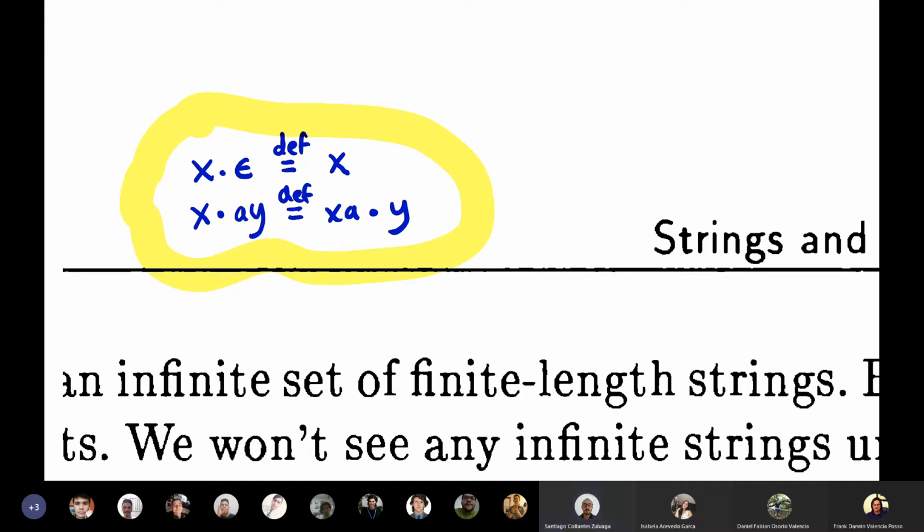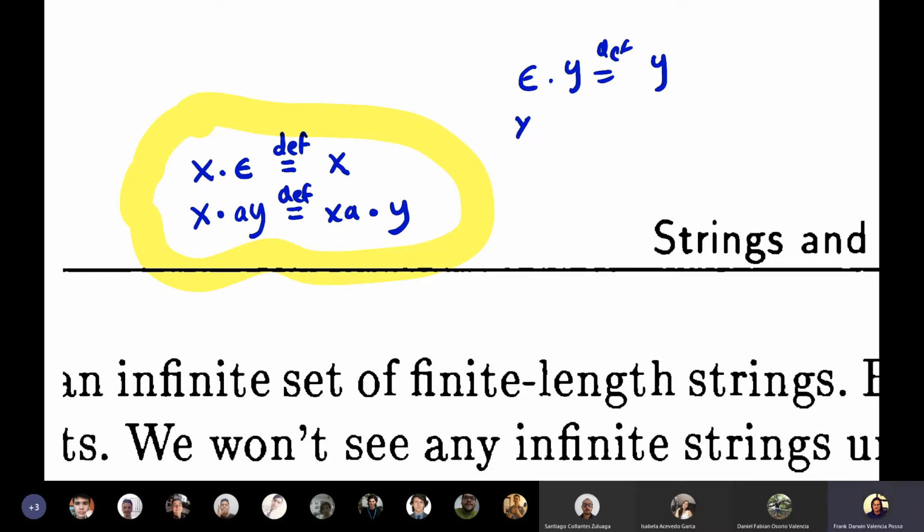Okay. But you could also do it like this, right? The empty with Y is defined as Y. And then you are basically doing induction on the first argument. So you say it is string A followed by Y with Y. No, this wouldn't work quite well.